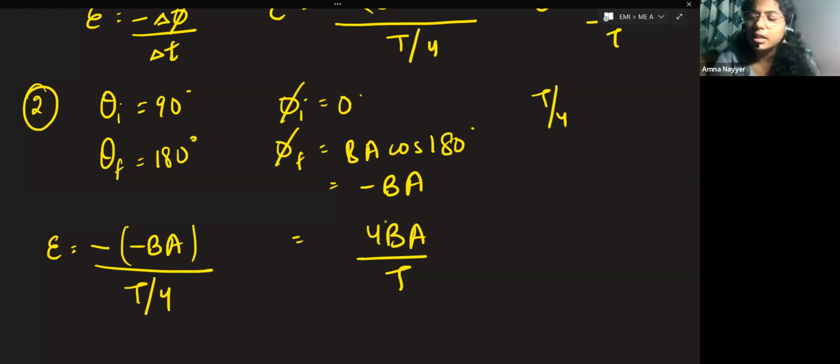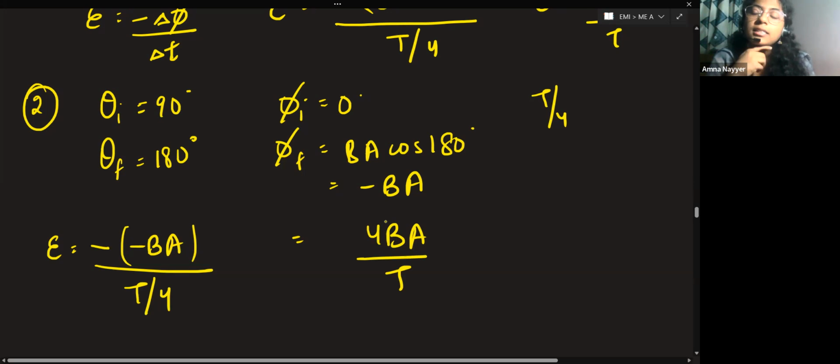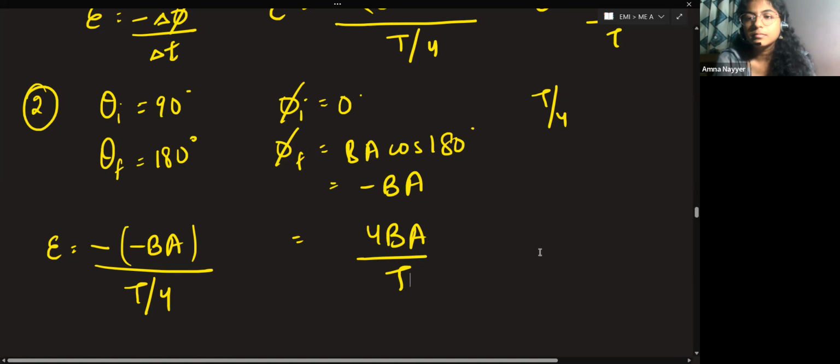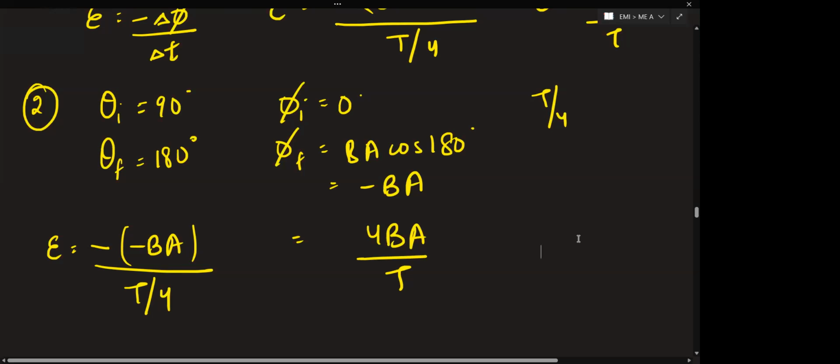Now, if I shift the time period, let's say, Krishna, you tell me, if I had started from 0 degrees and the coil had completed till 180 degrees, what would be the time period that I would have chosen? T by 2. T by 2. Got it?